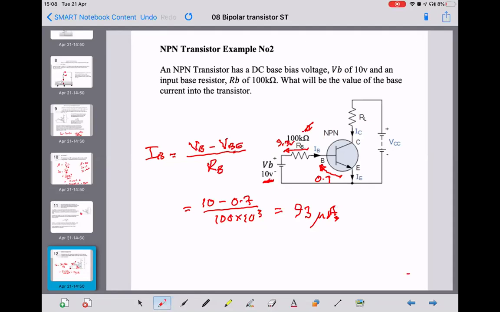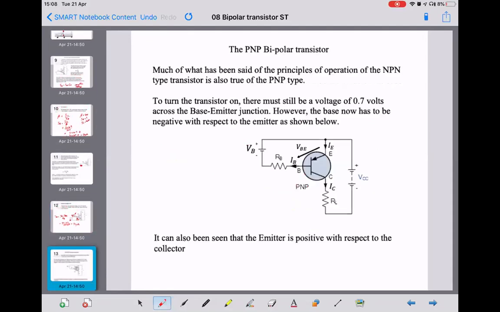Okay. So we've majored on the NPN transistor, but just to make sure, for completeness, we consider the PNP. Much of what's been said about the principles of operation of the NPN transistor is also true of the PNP type. To turn the transistor on, you still need a voltage of 0.7 volts across the base to emitter junction. However, the base now has to be negative with respect to the emitter, as shown below.